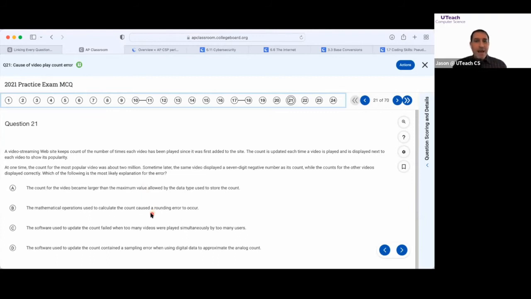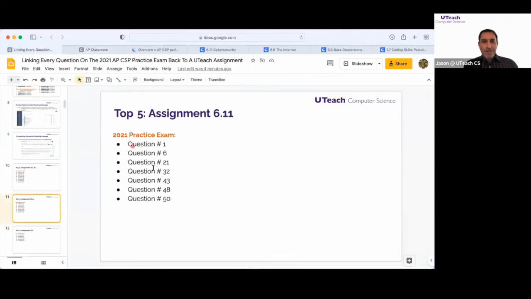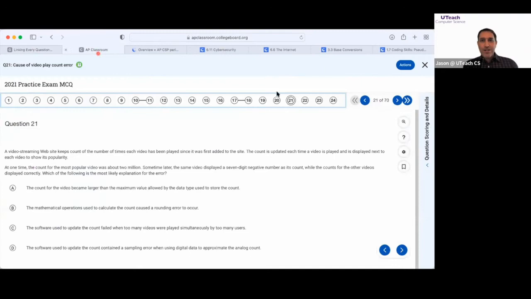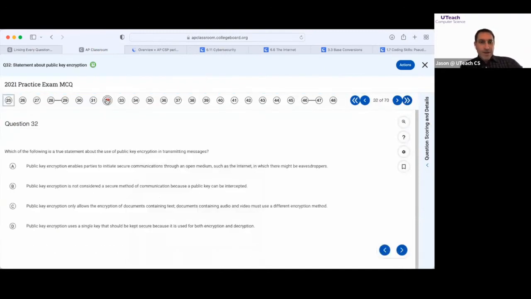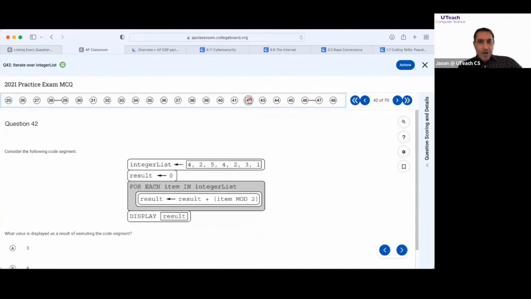And this one right over here gets back to a cybersecurity issue. All right, I don't want to go through every individual assignment, but all of these are going to work their way back. 32, 43, and you can look through these on your own time, okay? Encryption, public key. All right, so these are all different questions.